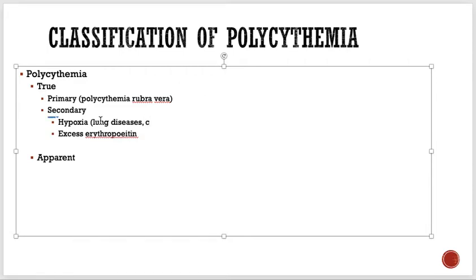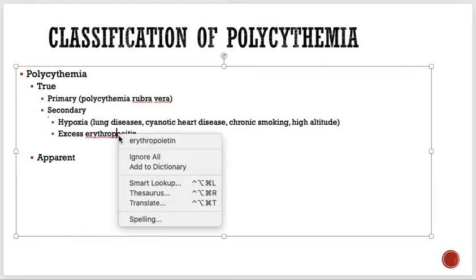Or cyanotic heart conditions, heart diseases, of course in newborns, where there is more and more RBC production. Chronic smoking can lead to polycythemia, as well as living at high altitude, where people have hypoxia and more RBC production.